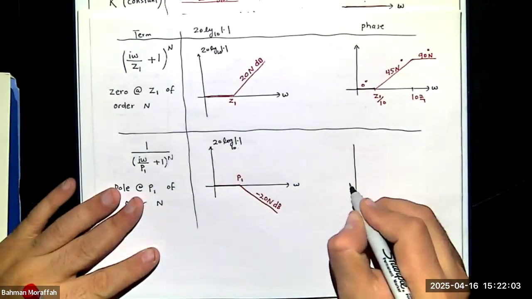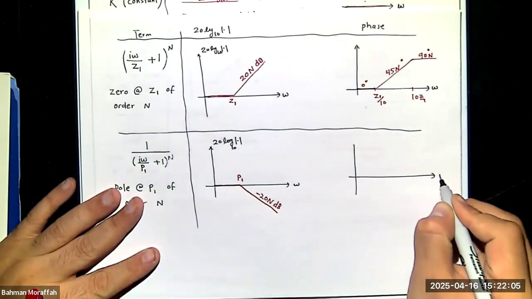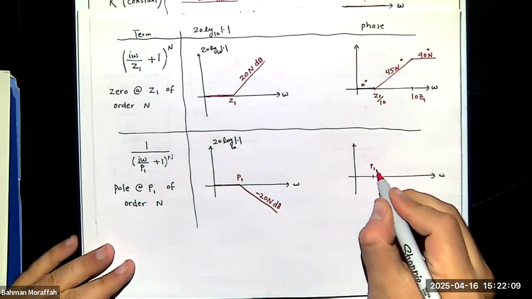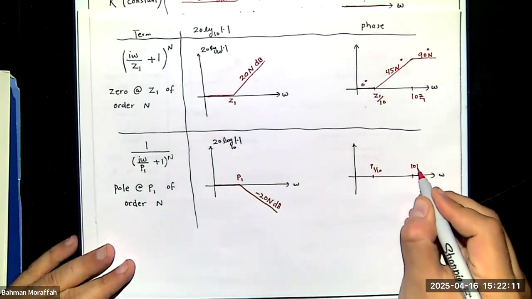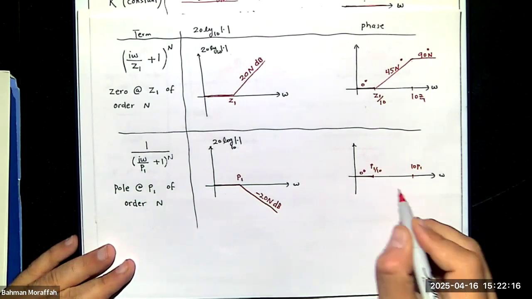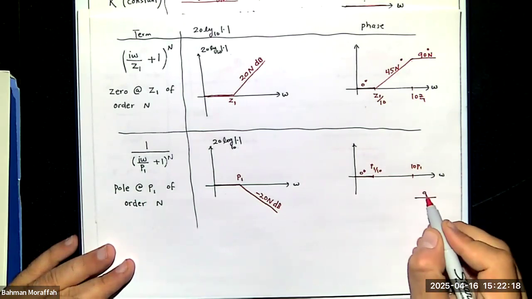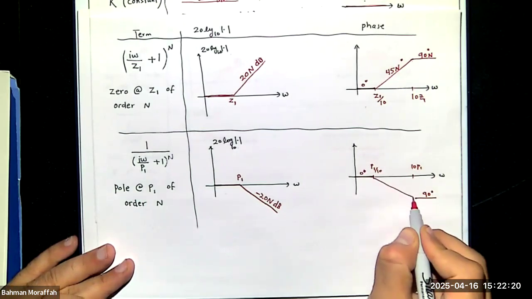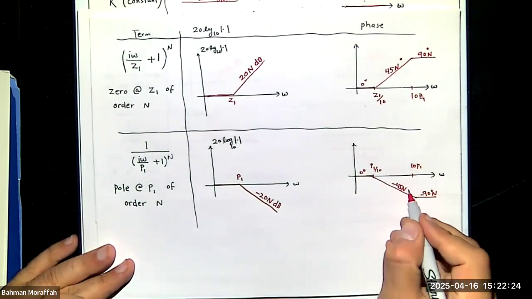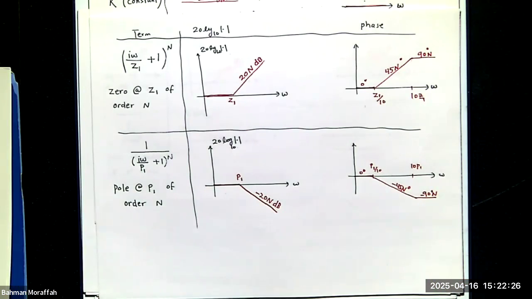So if I look at the phase, it would look like this. So I have P1 over 10, and 10 P1. So that is 0 over here. That is 90 degrees over here. And it is negative 45 times N degrees. Right?